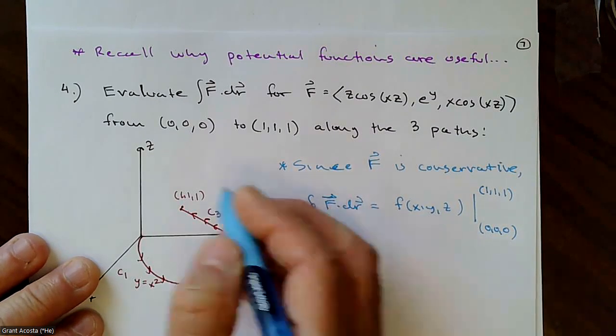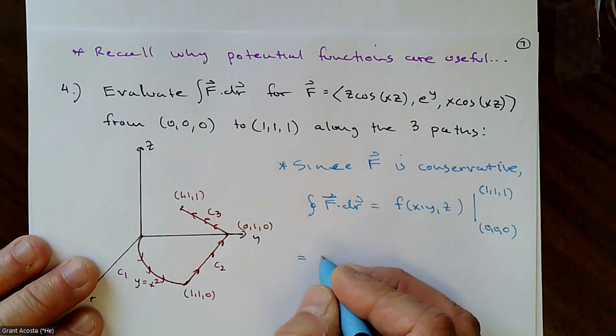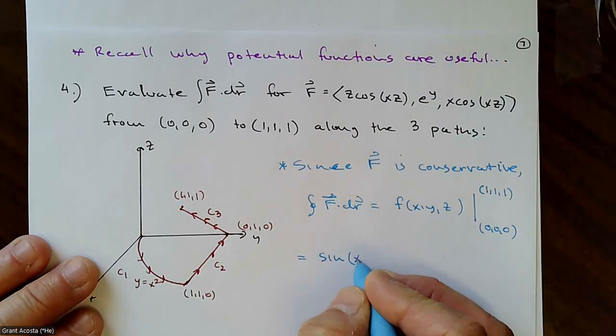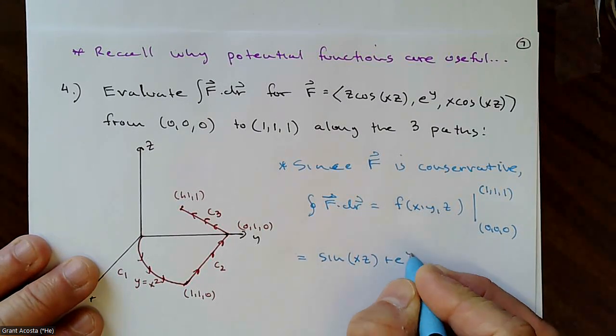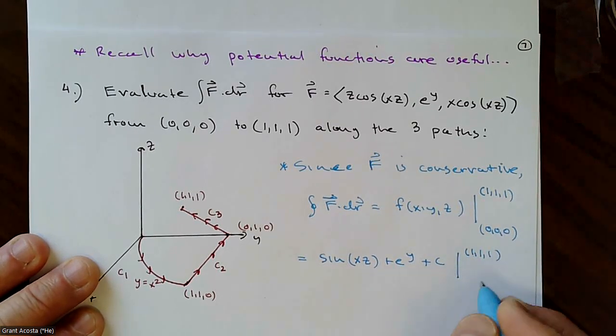So the value of all 3 of those, if I were to do them individually, I would just end up with my potential function, which recall was sine of xz plus e to the y. I don't really need the constant because it's going to drop out.